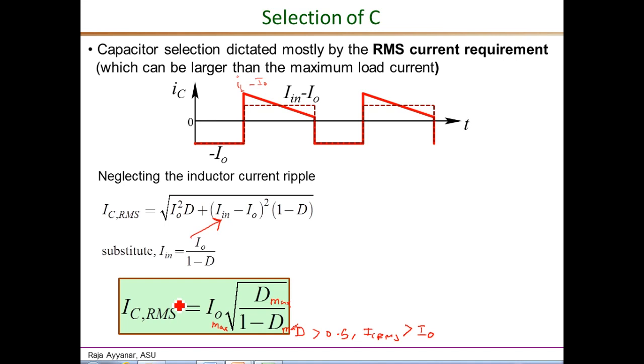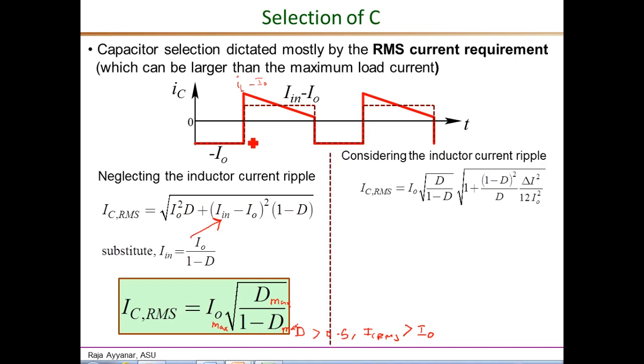If you want the accurate value for IC RMS, all we need to do is retain what we calculated for the square wave current, retain its mean square value, and then consider the mean square value of just the ripple component, and then add the 2 and take the square root of that to get the complete IC RMS. The result is shown here, and in this, if delta I is 0, then we get back our original expression.